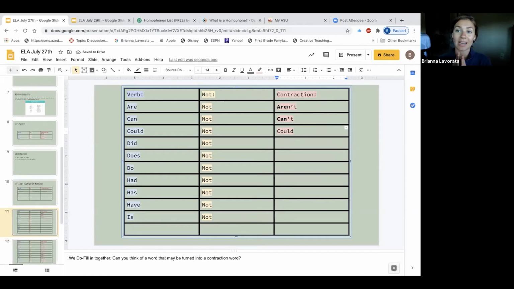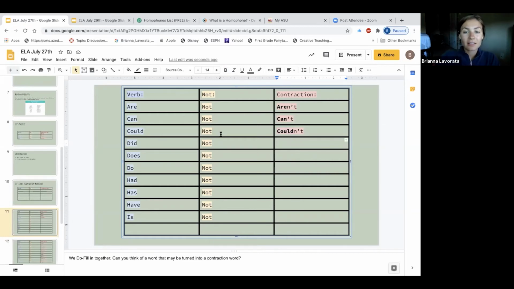We are going to write the not with an N apostrophe T, just like that. So we have could, I will bold that part for you. Could, couldn't. Could not becomes one word, couldn't.